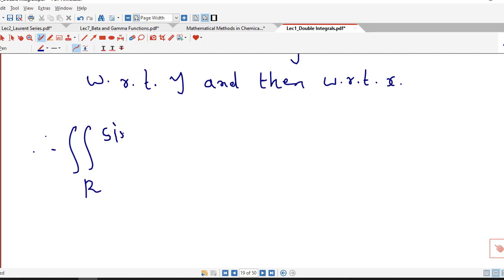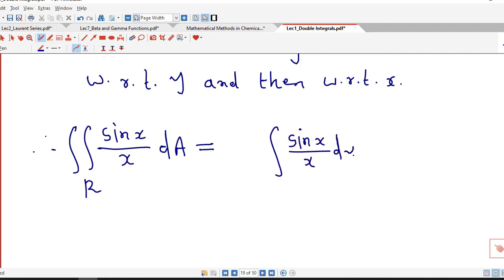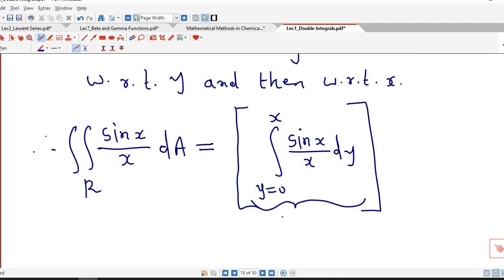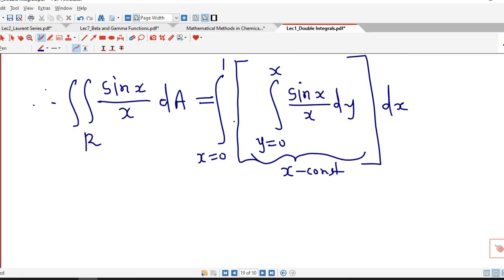It is the integral of the function sin x by x over this region. First we integrate with respect to y, considering x as constant. Limits of y are from 0 to x. During this integral we consider x as constant, and after evaluating this integral we evaluate with respect to x from x equal to 0 to x equal to 1.